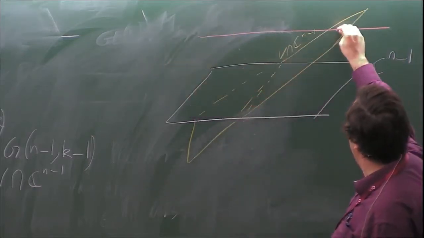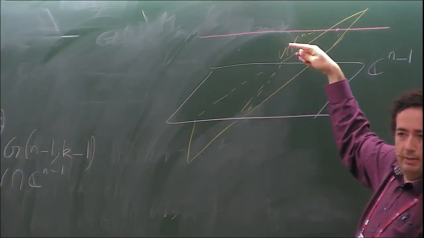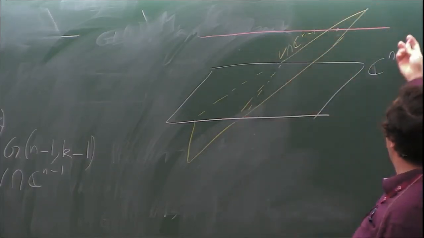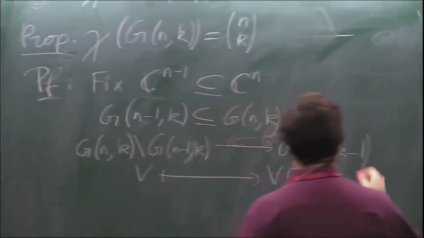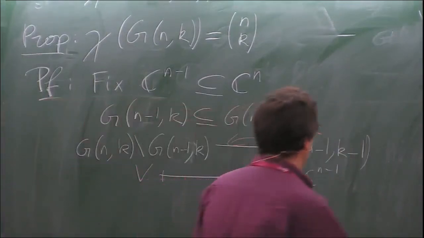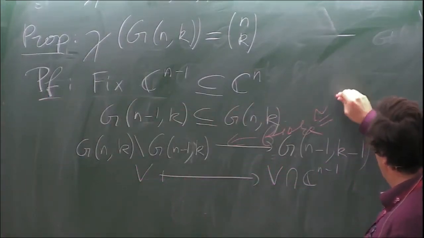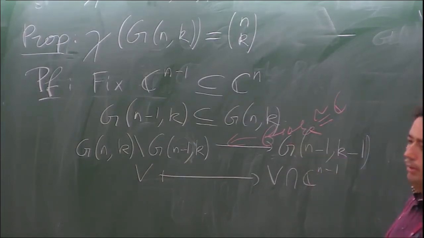I take the intersection here. Of course, knowing the intersection and that, I know the hyperplane. Therefore, the fiber of that is the red line. And the red line has Euler characteristic 1. Pay attention, it is an affine space. The red line is not going through 0, but I don't care about that. So I know the Euler characteristic.